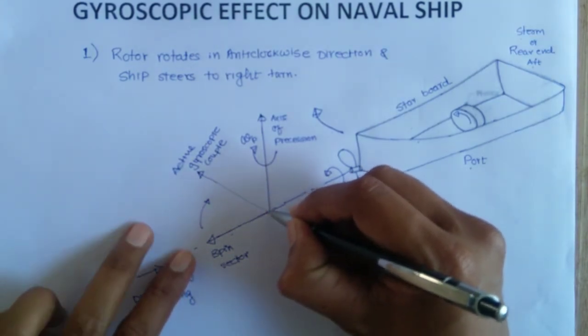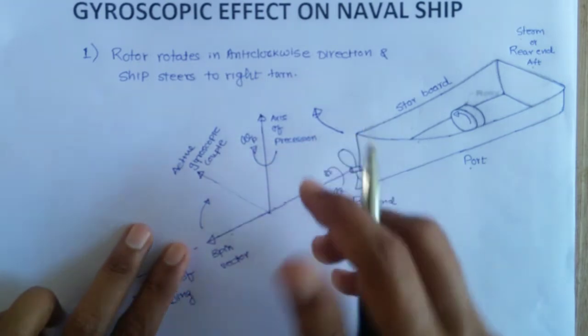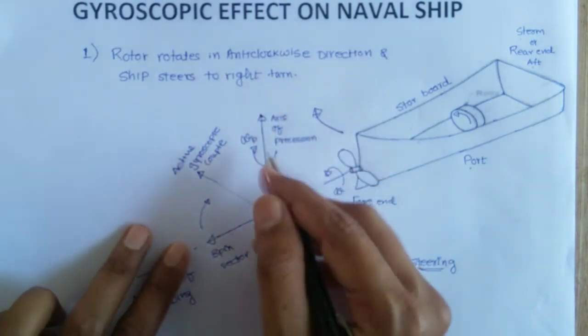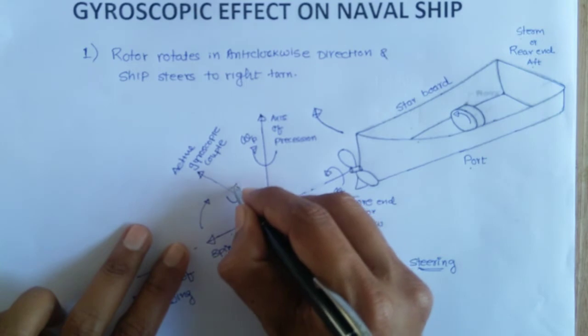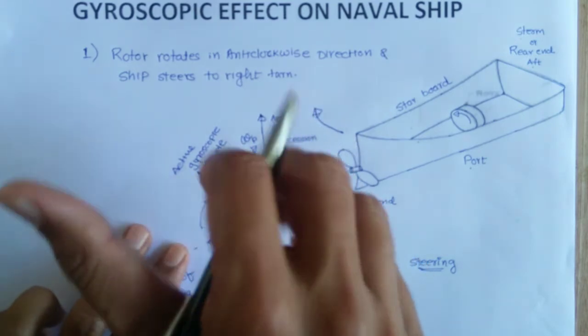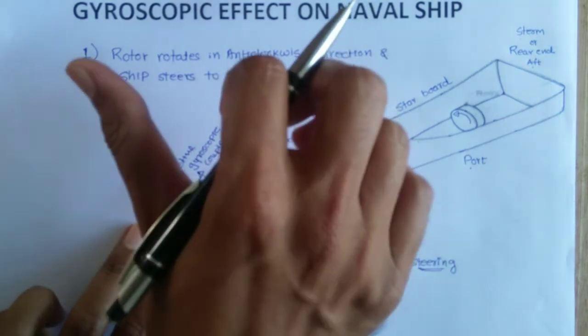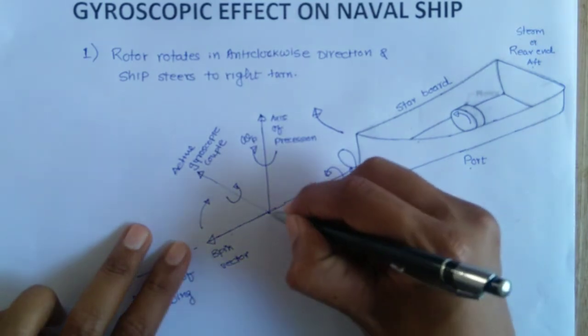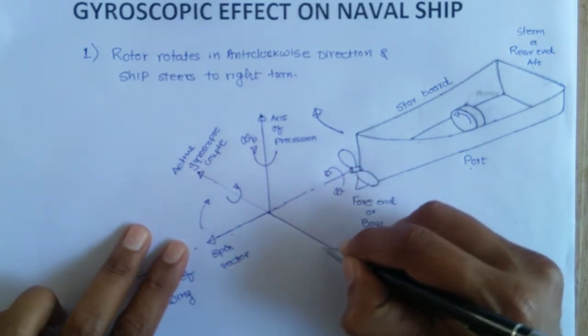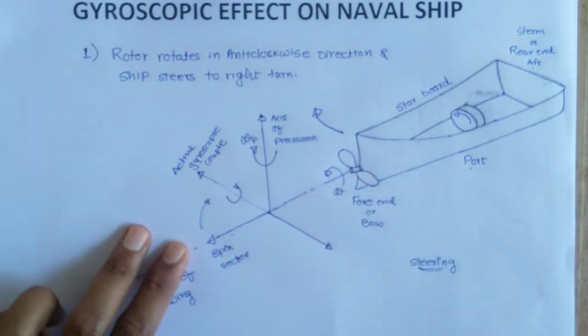According to Newton's law, this is the sense of the active gyroscopic couple. It is in this direction. Now the reactive gyroscopic couple is always in the opposite direction.